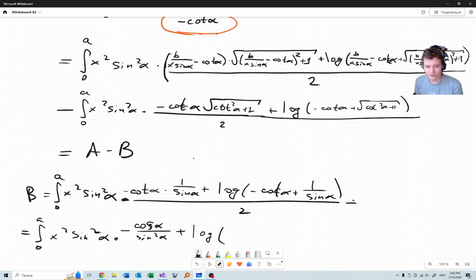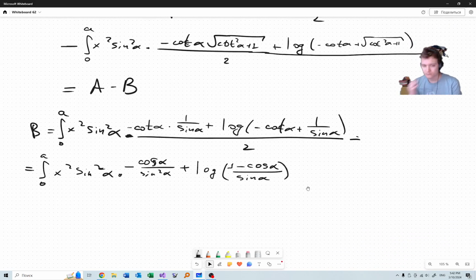So actually we have here logarithm of 1 minus cosine alpha over sine alpha. Okay, it can be simplified.